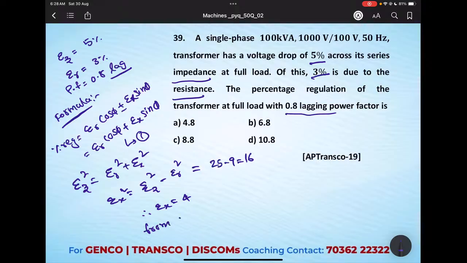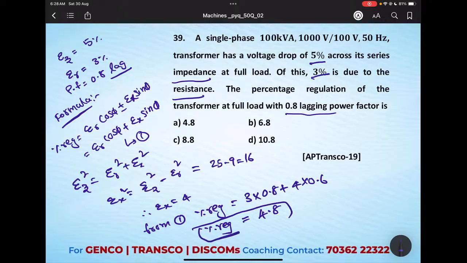Percentage regulation is ER, which is 3, times cos phi, 0.8, plus EX, which is 4, times sin phi, which will be 0.6. By calculating this, we get percentage regulation as 4.8. So our option will be A. Is it clear? Let's move on to the next question.